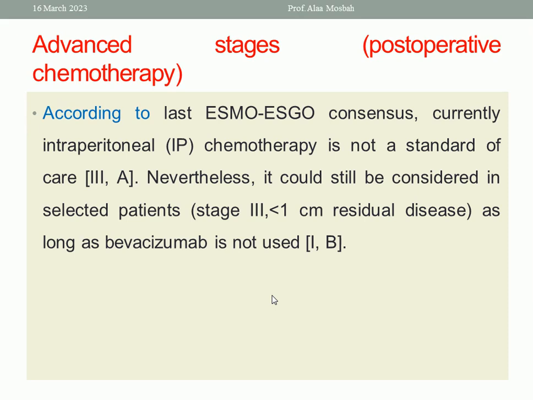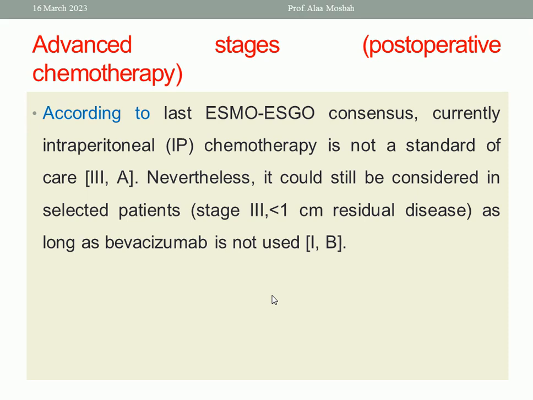Who are the patients who may need intraperitoneal chemotherapy? Patients with stage 3 and less than 1 centimeter residual disease after debulking surgery. So for stage 3 associated with less than 1 centimeter residual disease after debulking surgery, you can use intraperitoneal chemotherapy.